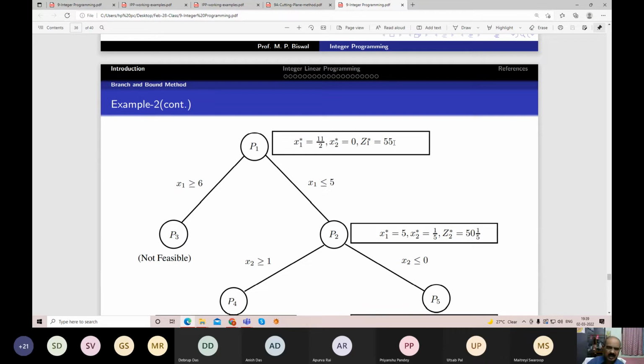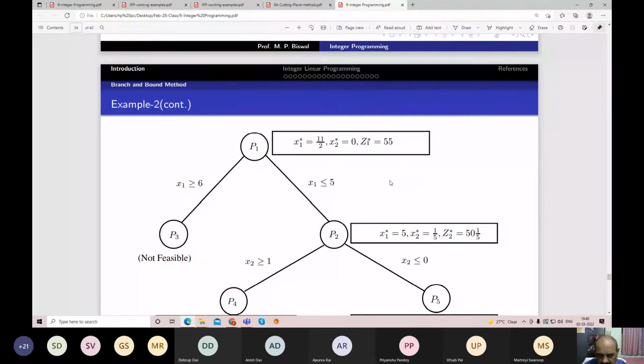Now with respect to 11 by 2, we'll have two branches. x1 less than or equal to the integral part of 11 by 2, that is 5, and x1 greater than or equal to the integral part of 11 by 2 plus 1, that is 6. So in the interval between 5 and 6, if I am saying x1 less than 6 and greater than 5, this interval has no integral solution for x1.